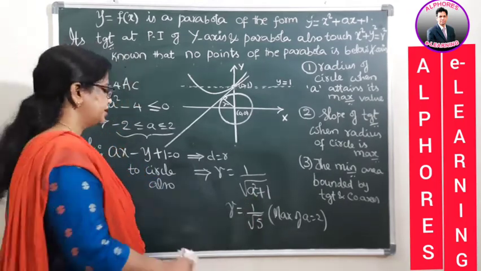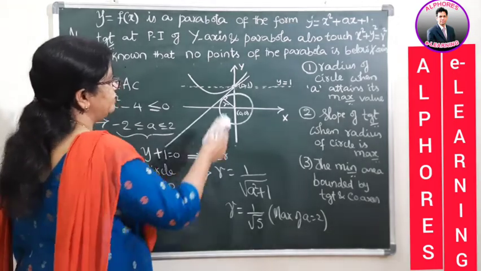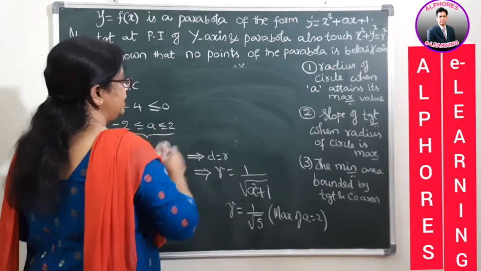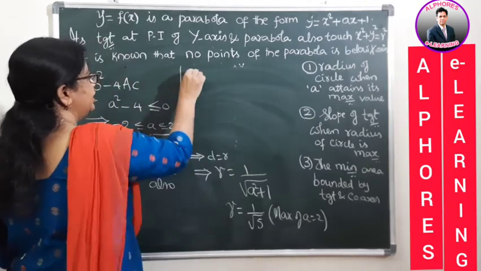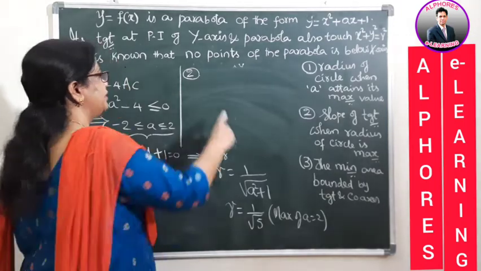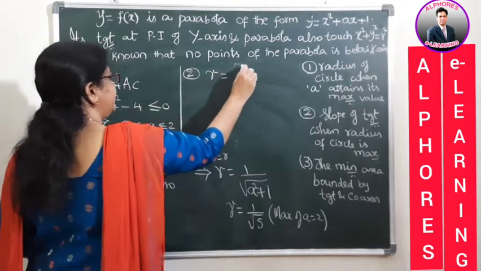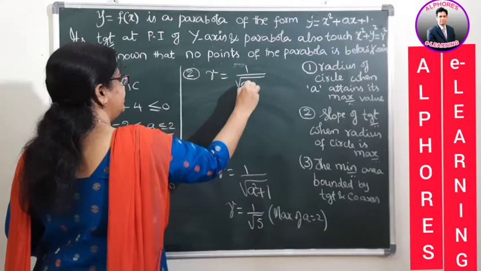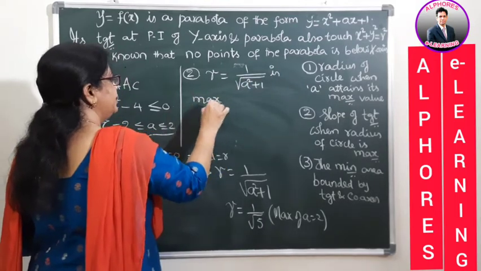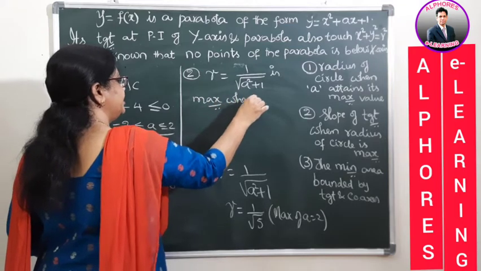So therefore for the second question, slope of tangent when radius of circle is maximum. So r equal to 1 divided by root of a square plus 1 is maximum when a square plus 1 is minimum.